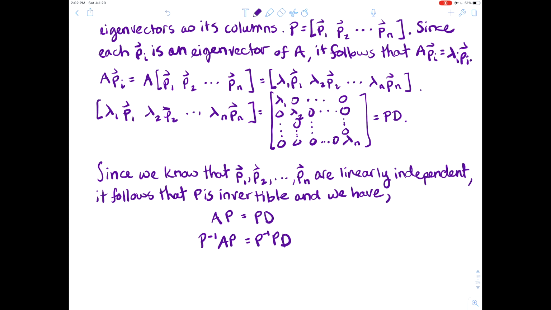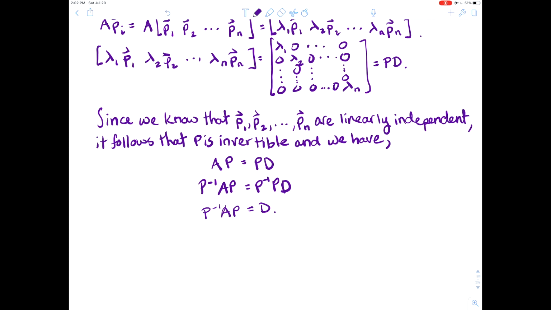And then that gives us P inverse times A times P is equal to D. Groovy? Hence, A is diagonalizable. Okay. And we're done with that one.